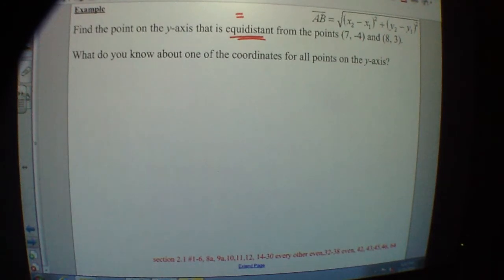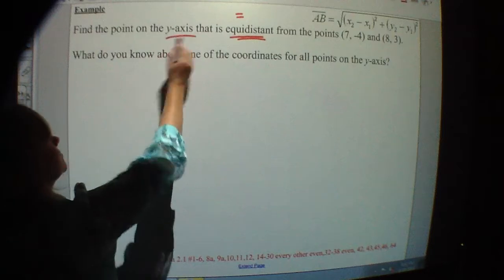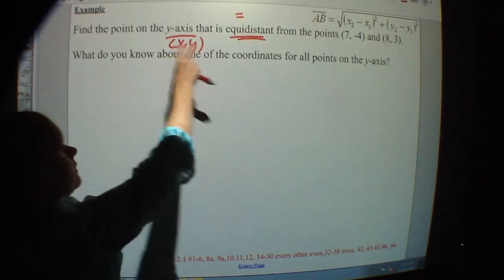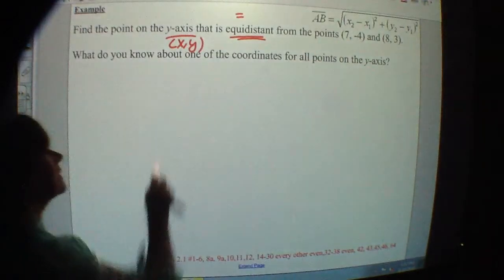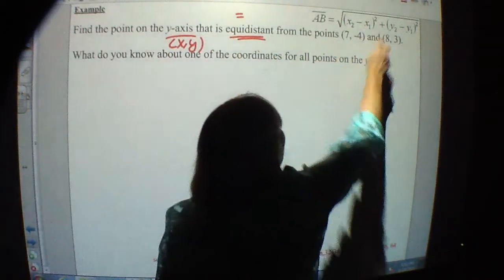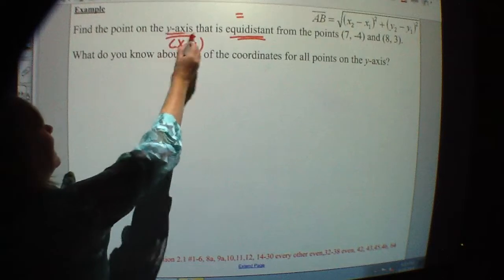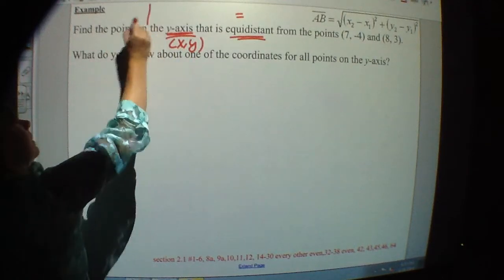So the distance from your point on the y-axis, so you have some point on the y-axis, to there is the same distance as that point to there. But if I use that, I can't solve the problem, because I plug in what I know and I have too many unknowns.